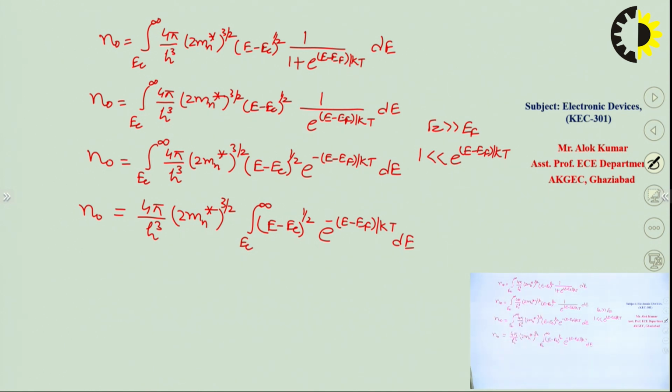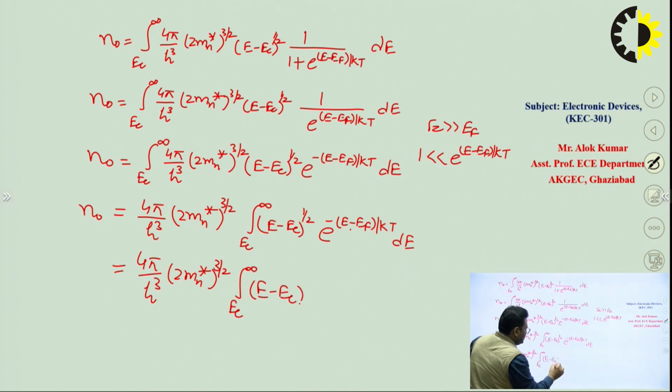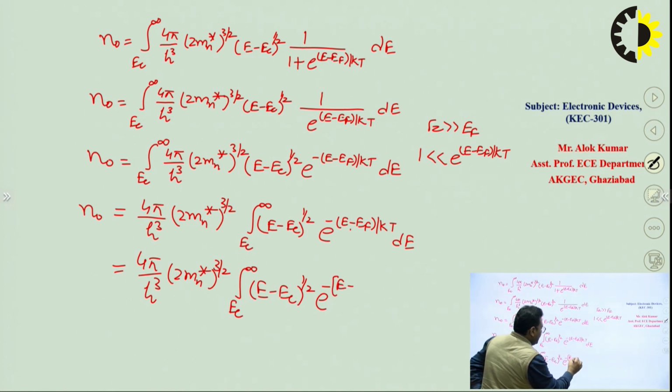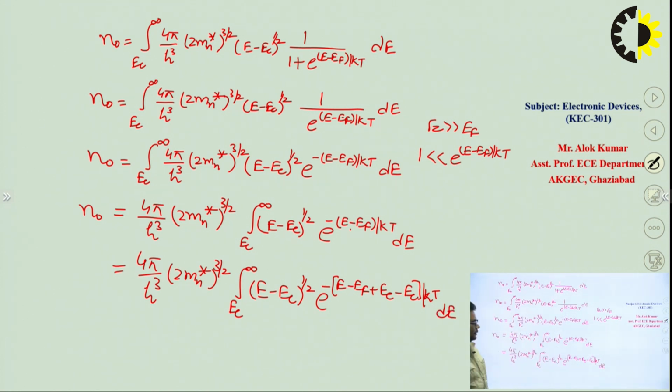Now what we will do, we will add EC in this term and subtract EC from this term. So we can write 4 pi upon h cube into (2 m n star) to the power 3 by 2, integral from EC to infinity, (E minus EC) to the power half, and e to the power minus (E minus EF), where we add EC and subtract EC, so plus EC and minus EC, divided by KT, with respect to dE, right?